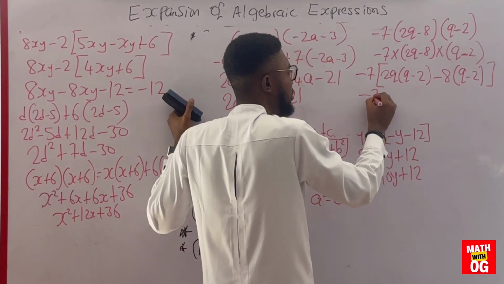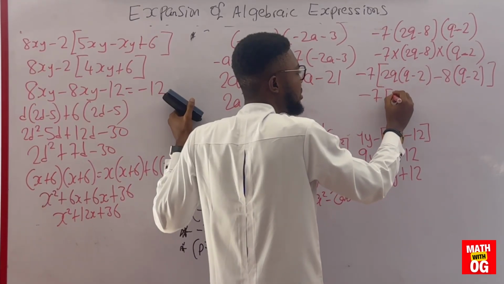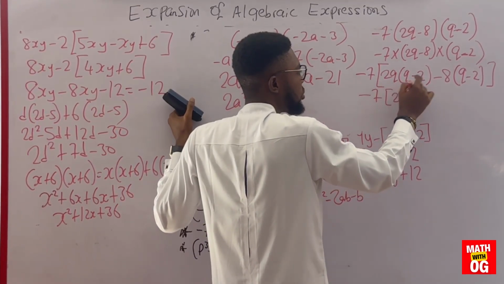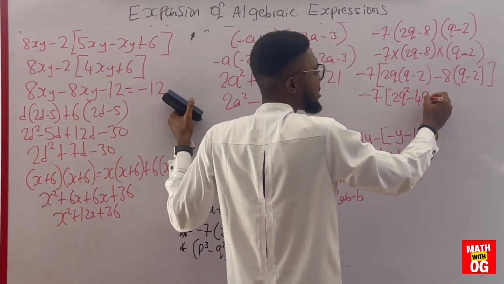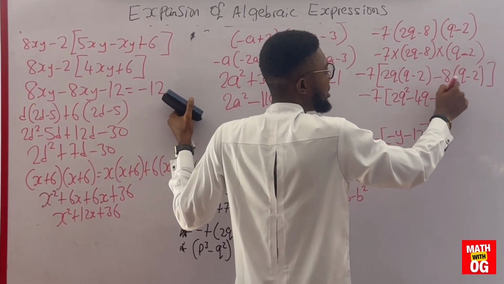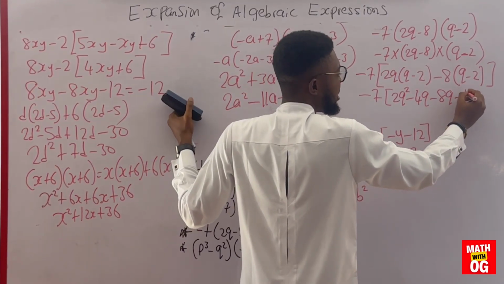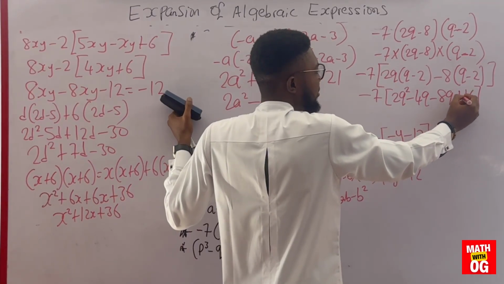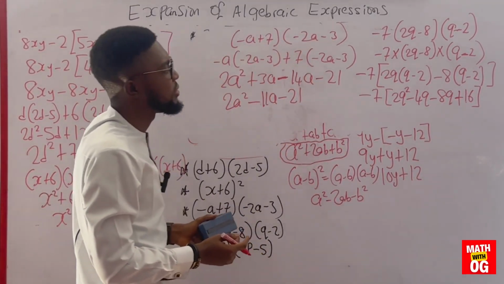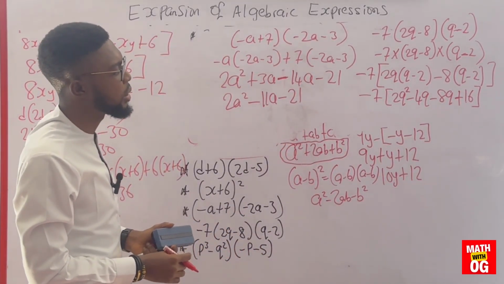Now my negative 7 will remain outside. 2q times q is 2q squared. 2q times negative 2 is negative 4q. Negative 8 times q is negative 8q. Negative 8 times negative 2 is positive 16. Then we can close the bracket.